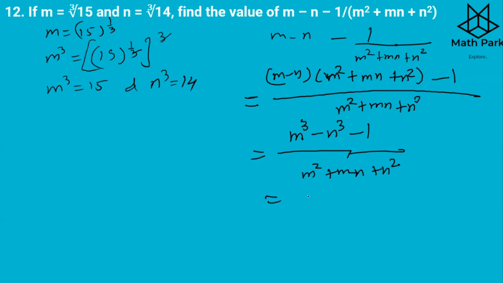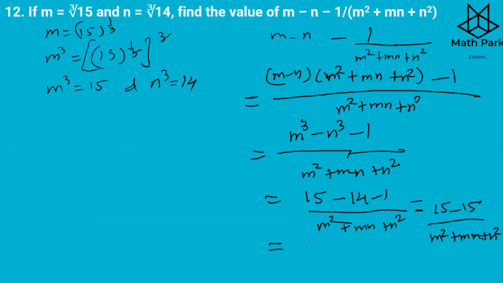We know that the value of m cube is 15. Value of n cube is 14, and minus 1 upon, again we have m square plus mn plus n square. So we get 15 minus 15 is 0. 0 upon m square plus mn plus n square is nothing but 0 again. So this is how we got the value as 0.